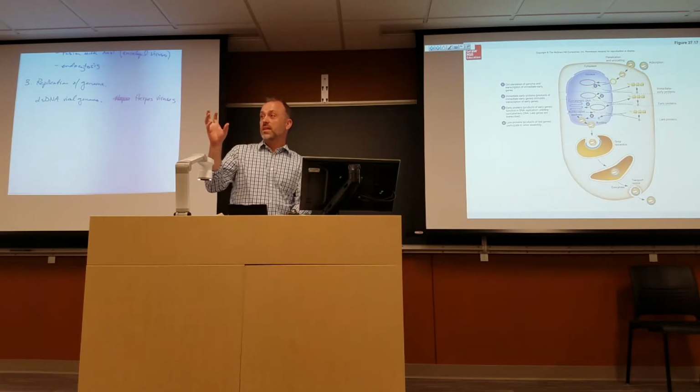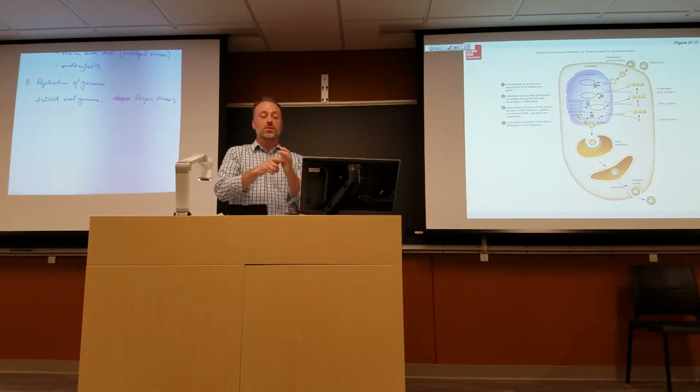Dynein grabs a hold of the nucleocapsid and associates it with the microtubules and walks it on down to the nucleus. And then the nucleocapsid associates with a pore. You learned about the nuclear pores, right? They're cool basket-shaped things. It binds there, and then it gets exported into the nucleus.